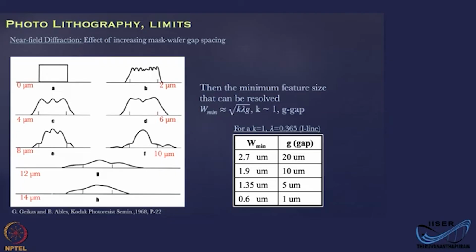For example, if you have a pattern which is a rectangular region, ideally, when the distance between the mask and substrate is 0, you are expecting that the light will fall uniformly in this region on the substrate.